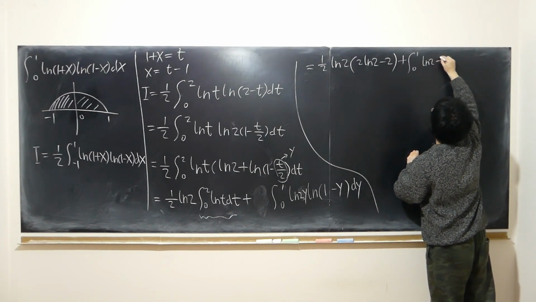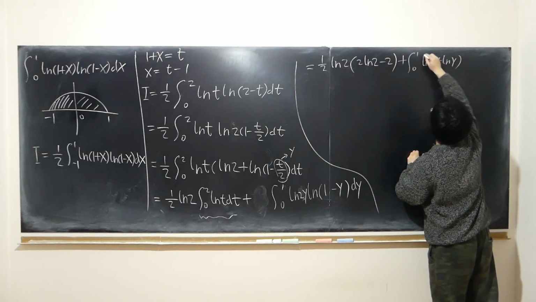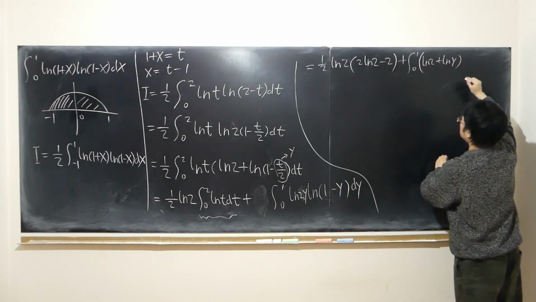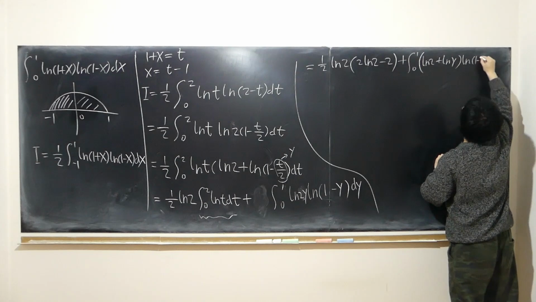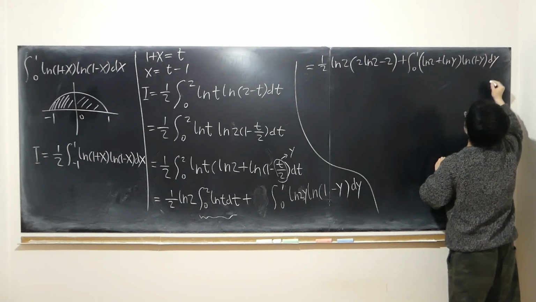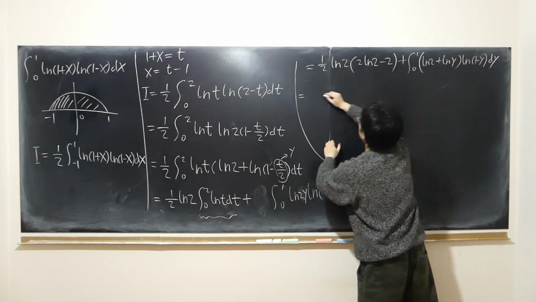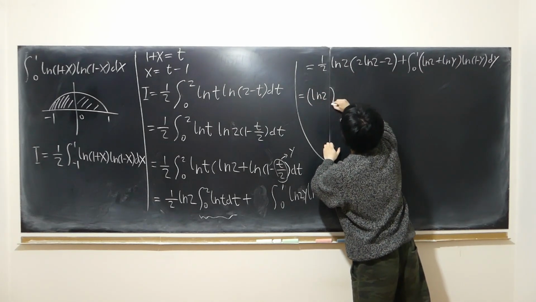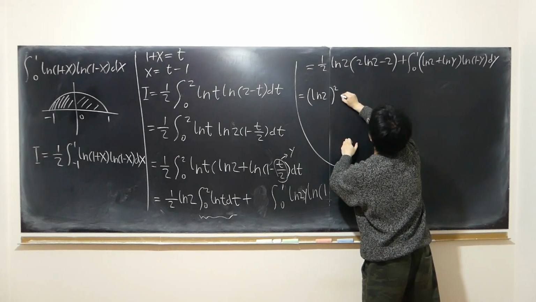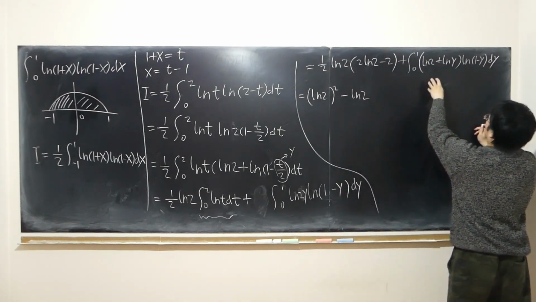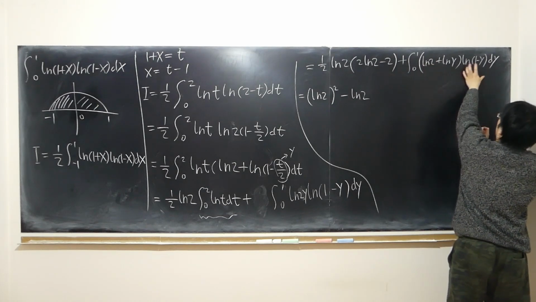Log 2 plus log y, and log(1 minus y) dy. Okay, so that is in fact log 2 squared minus log 2. Again, likewise, we multiply this by that.